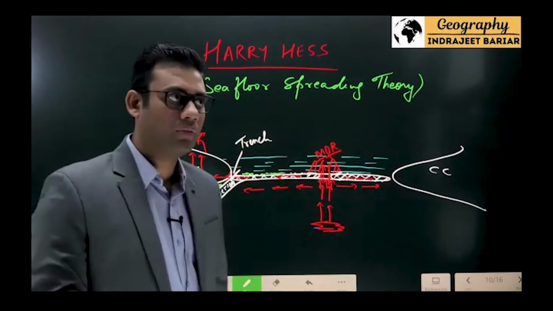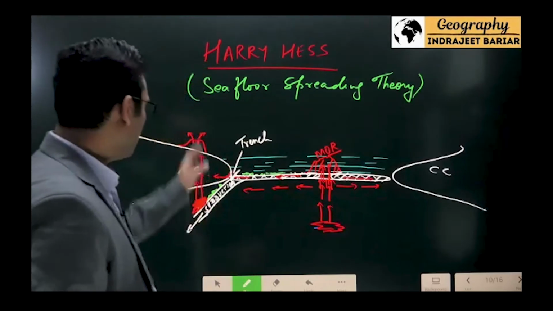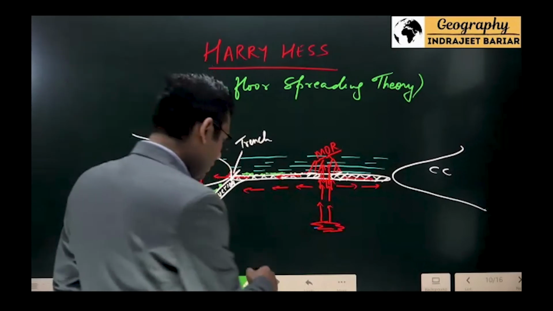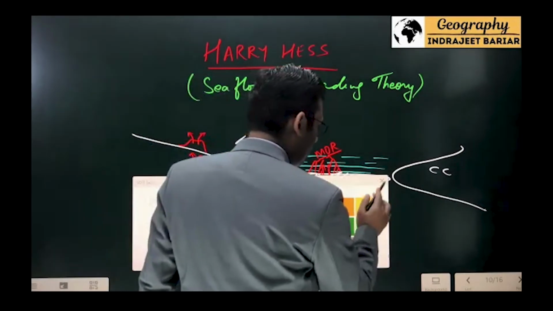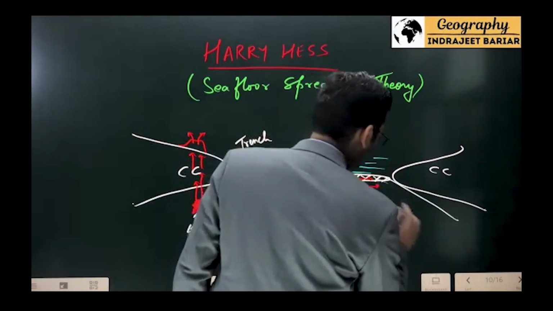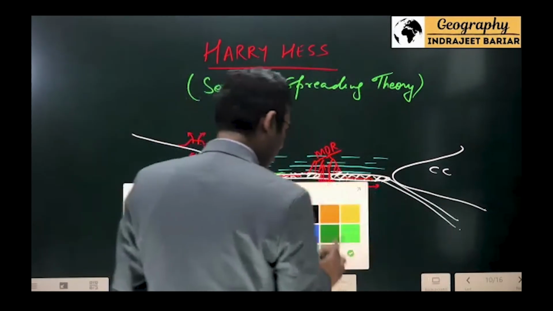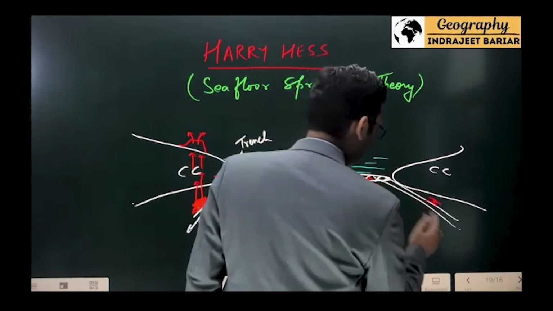Yes, got it, everyone? So here I get volcanic eruption, and precisely the same phenomena is going to happen on this side as well. The same phenomena on both sides.